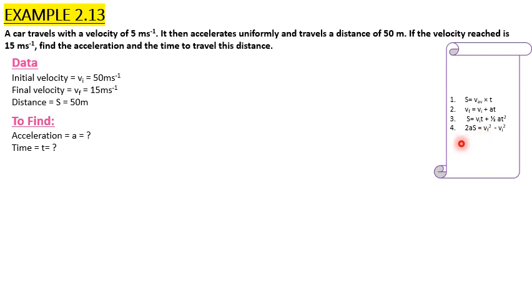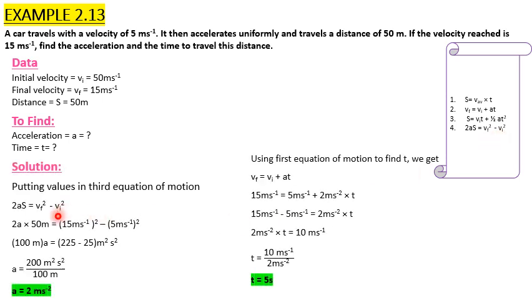So by using formula 4, we can easily find acceleration. By putting the values in the third equation of motion, 2as is equal to vf square minus vi square, and solving it, we will get acceleration equal to 2 meters per second square. Now we have to find out the time.